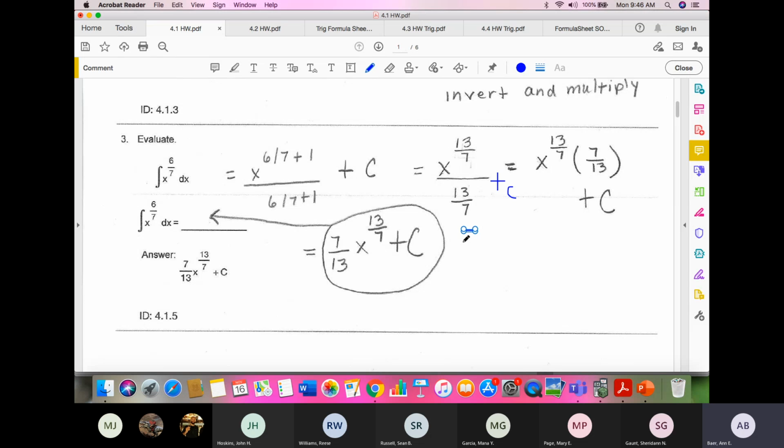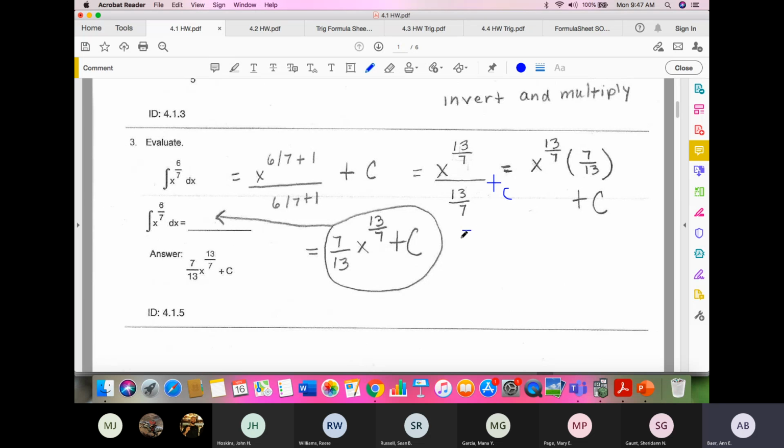So what we're doing now is we really have a function here. This right here is a function. We could call it f of x. This is our original function.